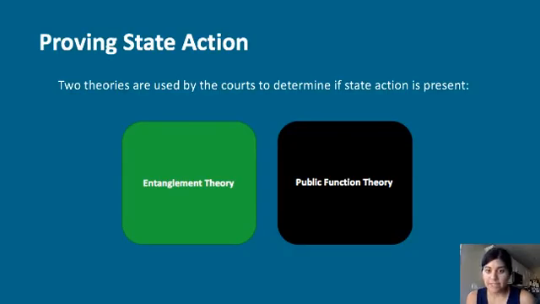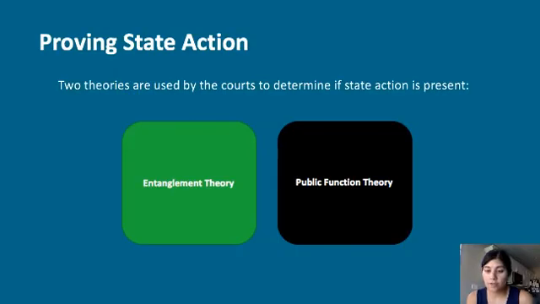So for example, with this entanglement theory, essentially you have a state that's so involved or entangled with a private actor's conduct that the private actor would potentially be considered a state actor in that situation. So, give you an example here. Say the IHSA, which is a private organization, but over 70% of the schools that it works with in the state of Illinois to organize and put on state championship events are public schools.